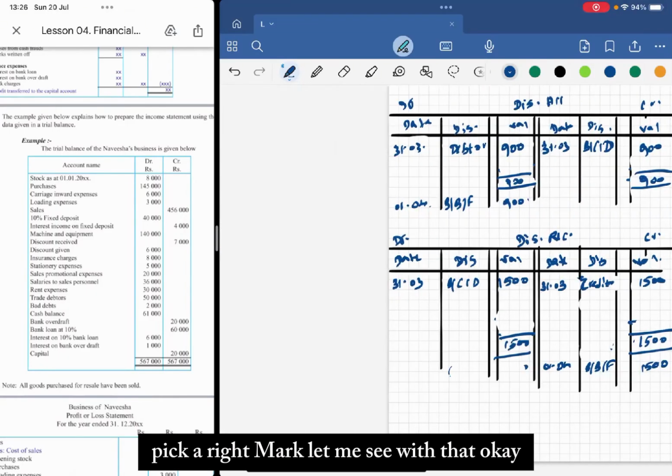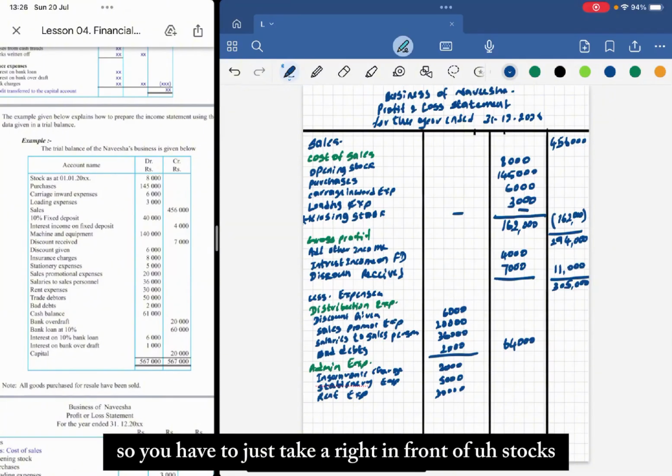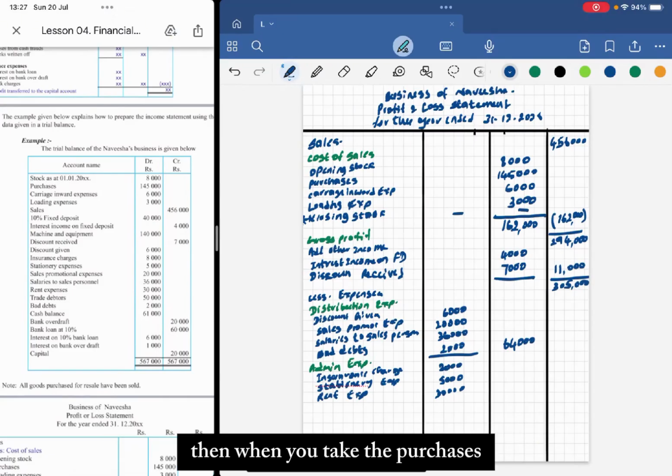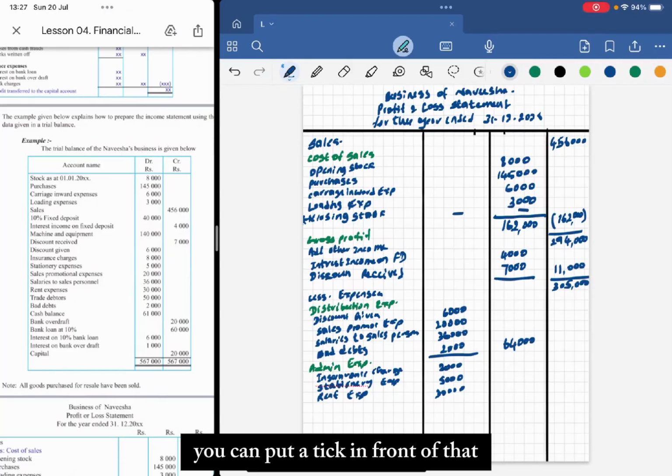So you have to just tick a right in front of stocks. Then when you take the purchases, put a right in front of purchases. Okay, so you have taken it. Then carriage inwards, you can put a tick in front of that.